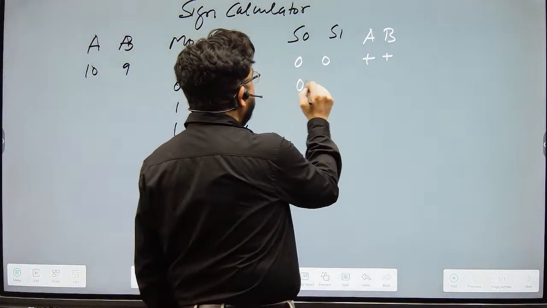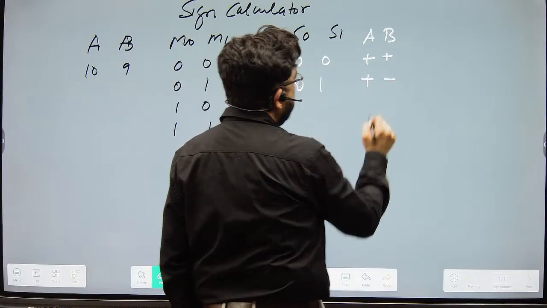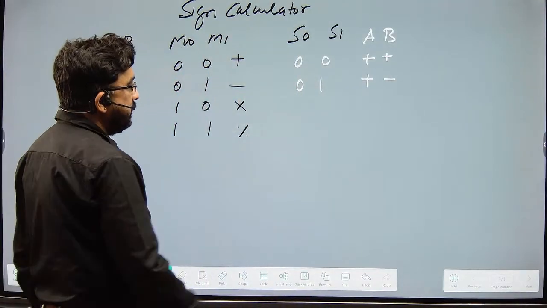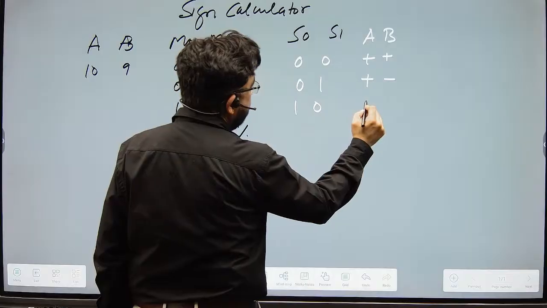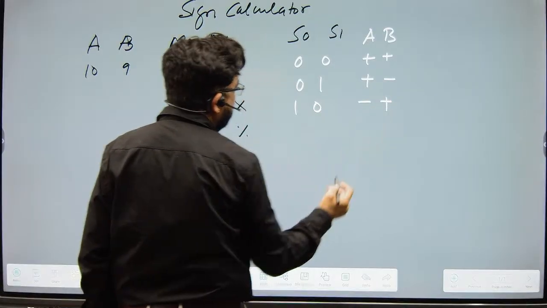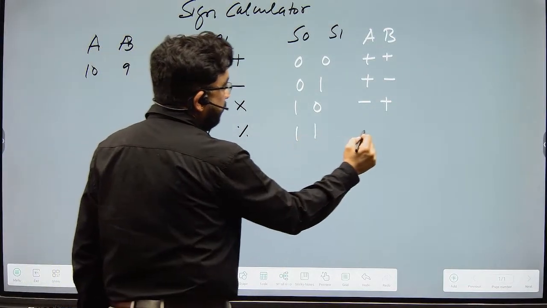If you give 01, that means A is plus and B is minus. If you give 10, that means A is minus and B is plus. And if you give 11, that means both are negative.